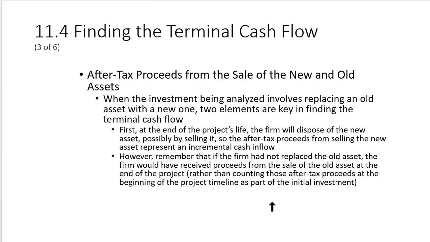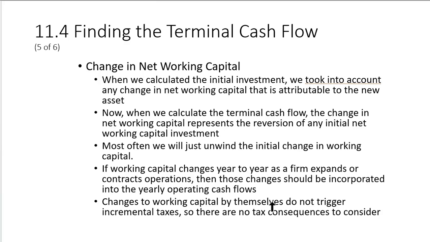At the very least, maybe we would say that it's worthless at the end. And if it's fully depreciated, then we don't have any problems. But if there's book value left, or if it costs us money to get rid of it, we have to incorporate that in all of our analysis for the ending timelines.